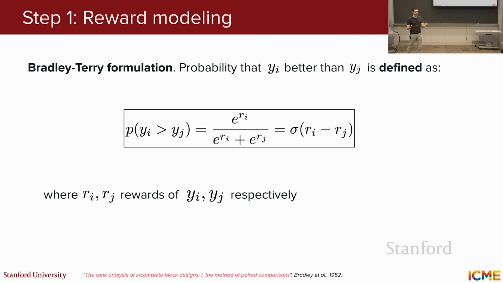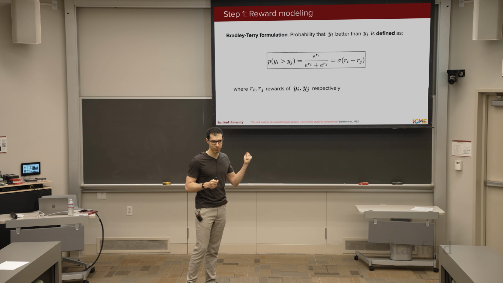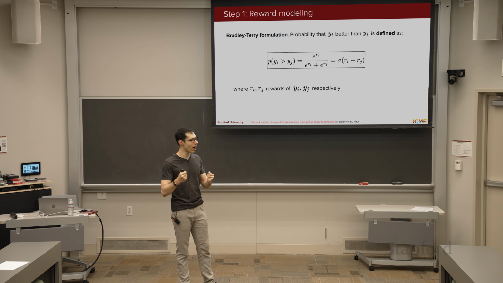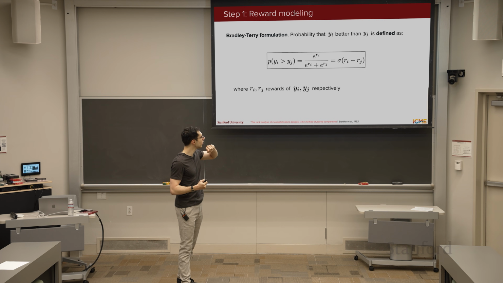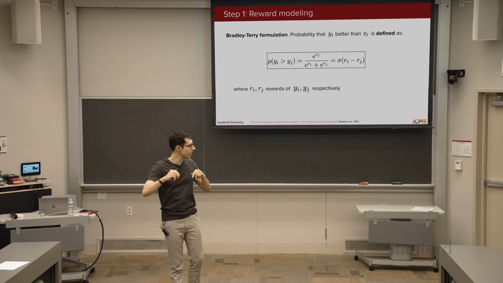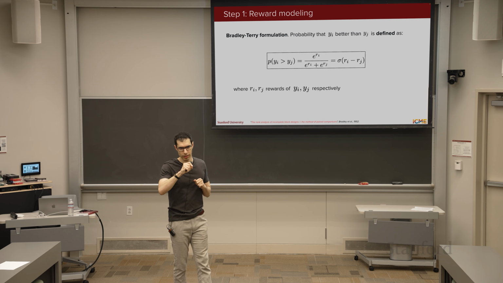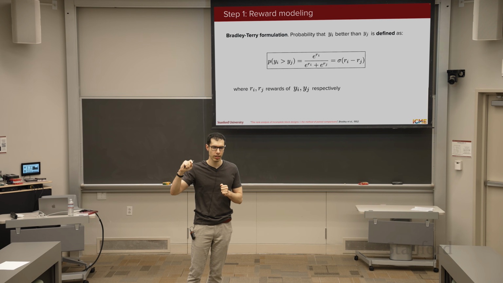In order to do that, we are using a formulation that's called the Bradley-Terry formulation. That one is an important formula, so we'll just stay here for a little bit. What it says is that the probability to have an output yi be better than an output yj is equal to the exponential of some score with respect to i, over the exponential of that score with respect to i, plus the exponential of some score with respect to j.